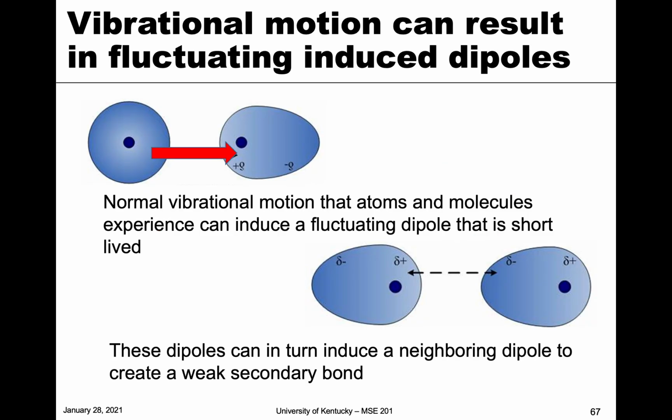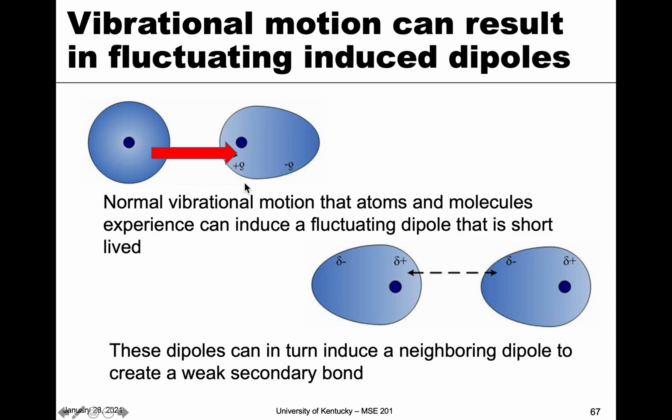Okay, so there can be different forms of dipoles that exist. This diagram here basically shows a very symmetric distribution of charge, the positive core in the middle and then the electron cloud. So this is uniform in charge. However, atoms and molecules are all vibrating, right? At a given temperature, they're vibrating at a certain frequency.